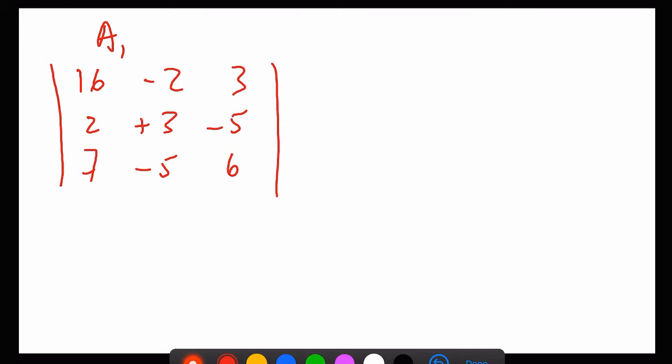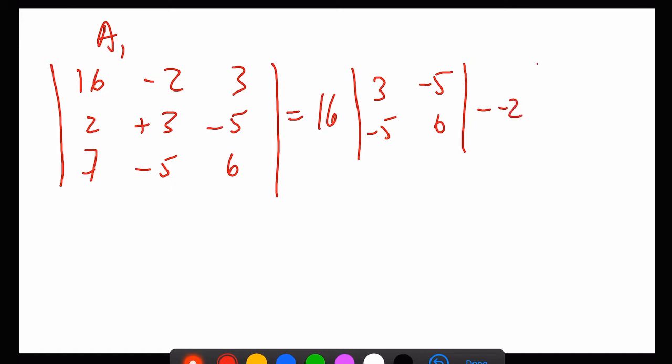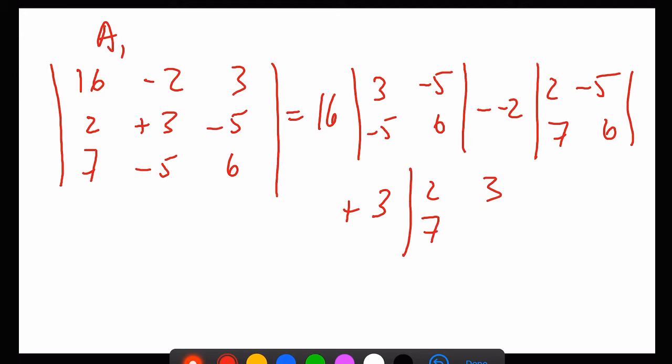So the determinant of that is 16 times 3, minus 5, minus 5, 6, minus a negative 2 times 2, 7, minus 5, and 6, plus 3 times 2, 3, 7, minus 5.